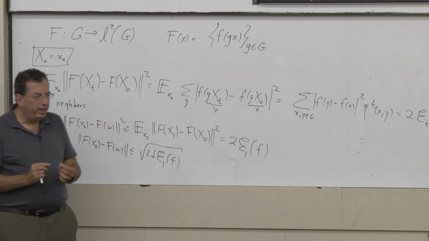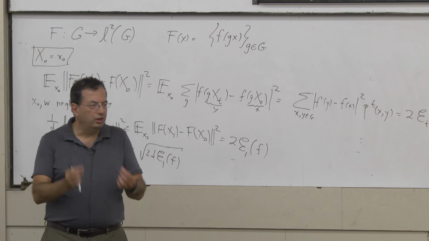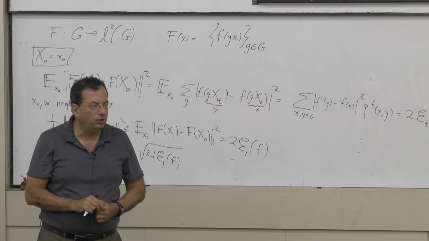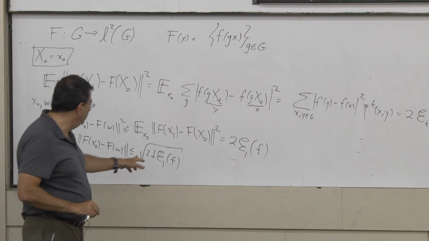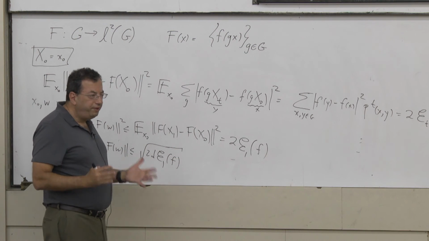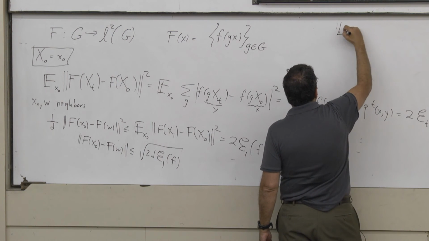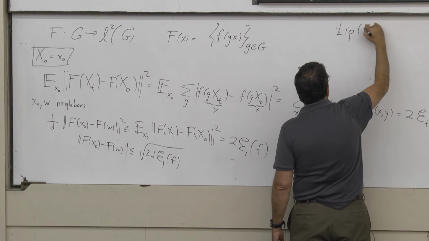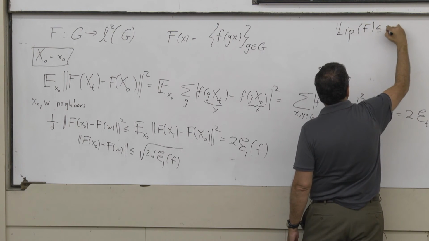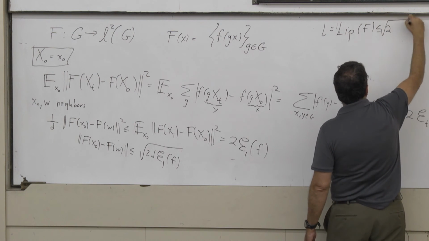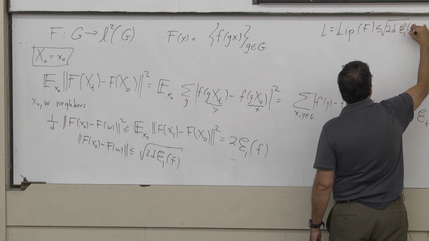So for any two neighbors, x0 is arbitrary, w is an arbitrary neighbor, the norm of the difference after applying f is bounded by this number. So in fact, f is Lipschitz. So f is a Lipschitz function with the Lipschitz constant L of f at most root 2d E1 of f.